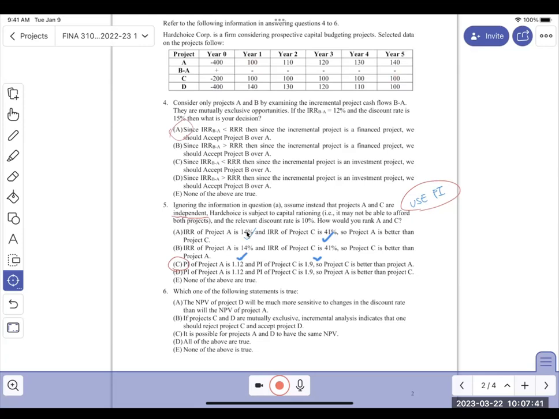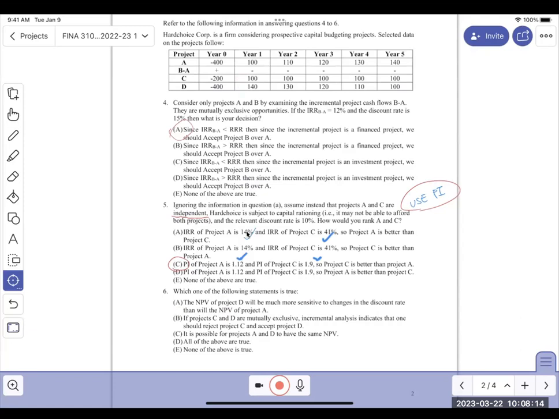A higher discount rate here will really diminish the 140, making it less able to offset and make this project profitable. So this set of cash flows prefers a low discount rate, and this prefers a relatively higher discount rate. So I don't know if sensitive is the right word, but I think they both are sensitive to discount rate.